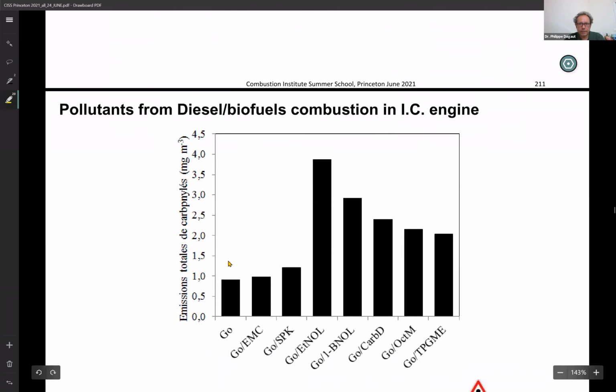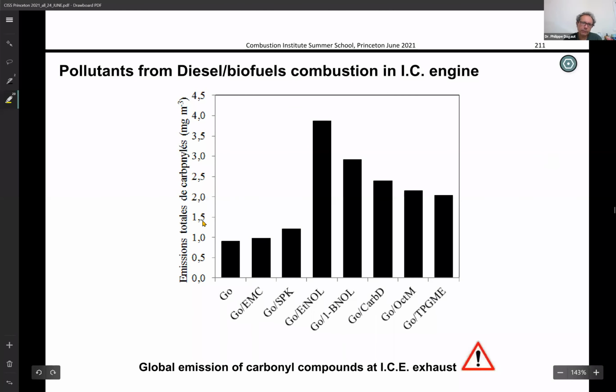And these are the results. So we plot here the total emission of carbonyl species for different fuels. This is the diesel fuel. This is the mixture with methyl esters.